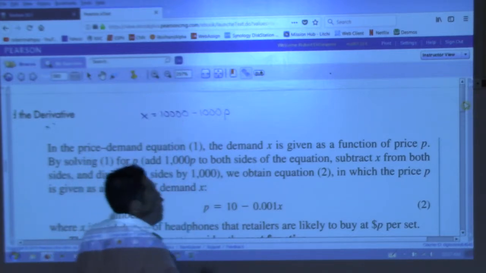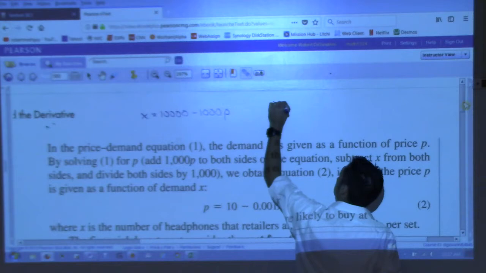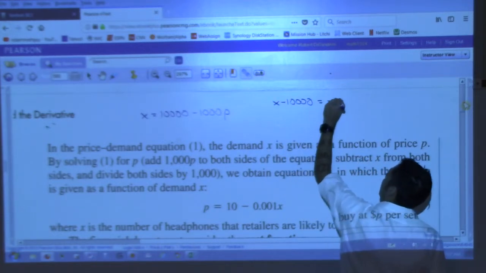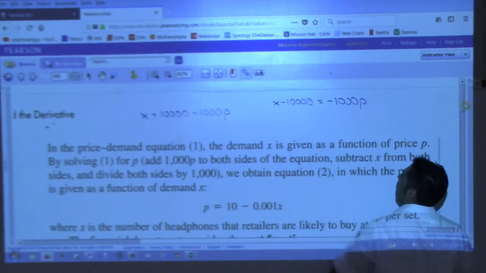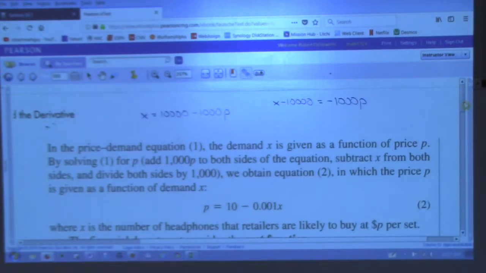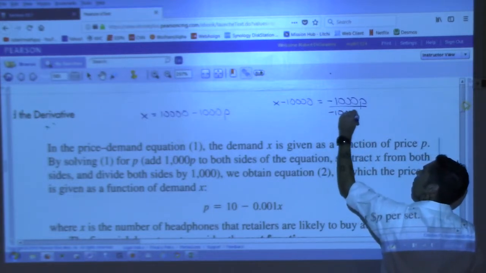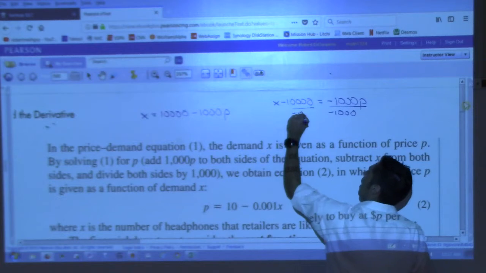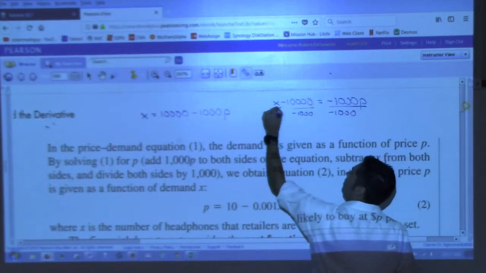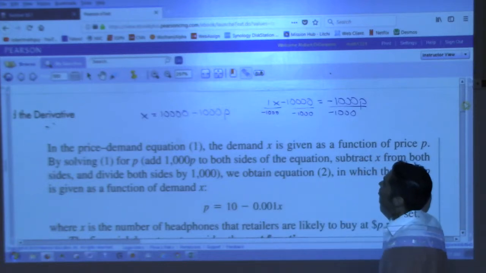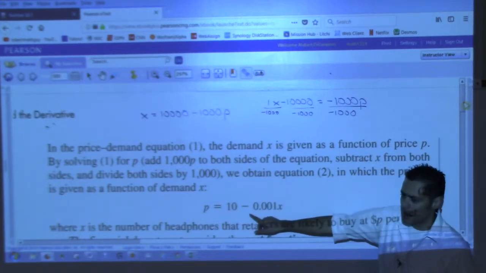move the 10,000 over, subtract 10,000 on both sides, and I'd have negative 1,000p, and then what would I have to do? Divide both sides by negative 1,000. So if I divide this by negative 1,000, divide that by negative 1,000, and then divide the 1 that's out in front of that by negative 1,000, then what you would get is this right here.